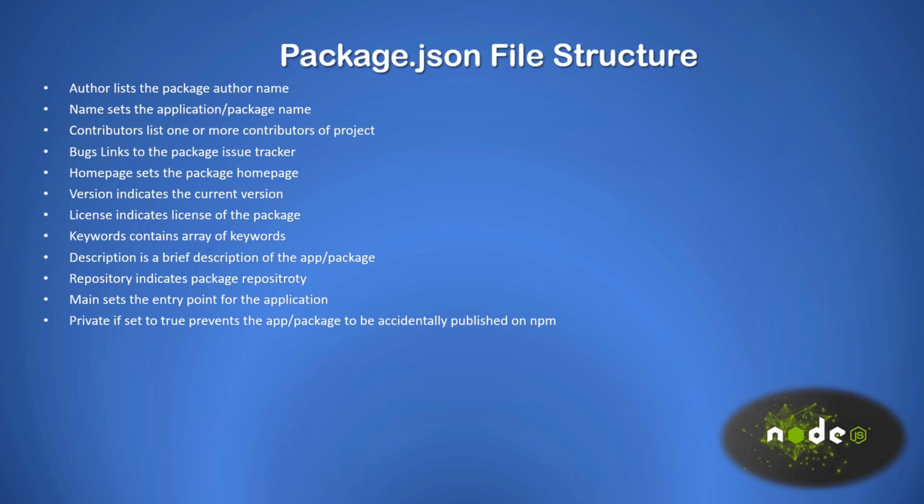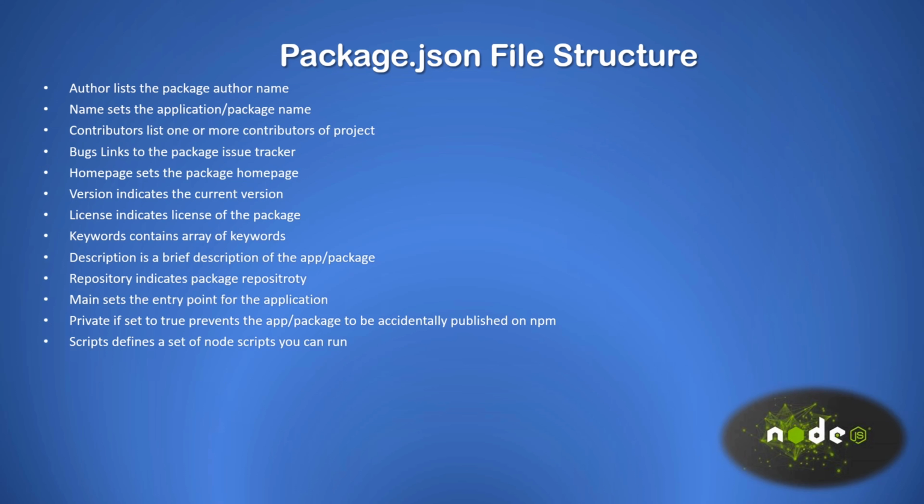Next comes private. If you set this value to true and by mistake try to publish over npm, it won't let you publish accidentally. So private will always be set to true. Next is scripts, which defines a set of Node.js scripts you can run.